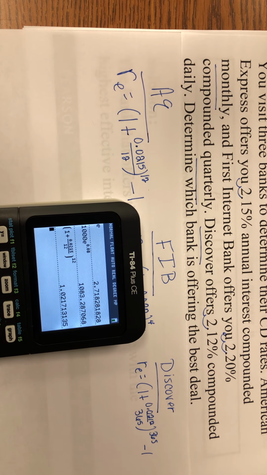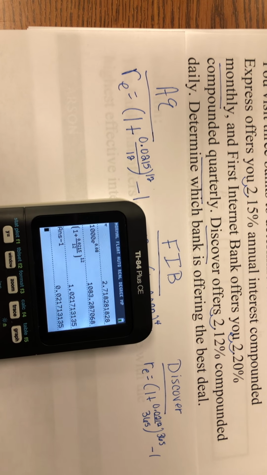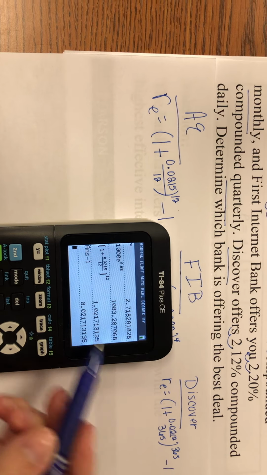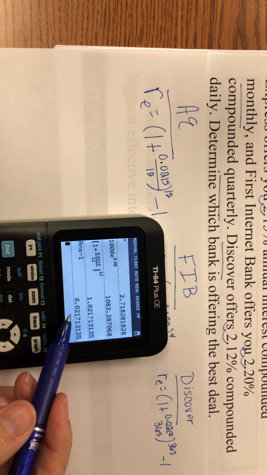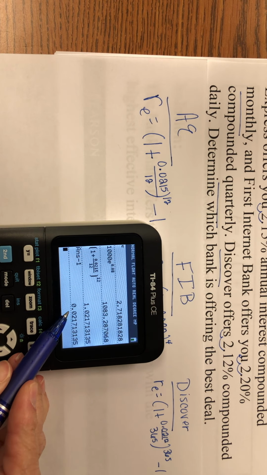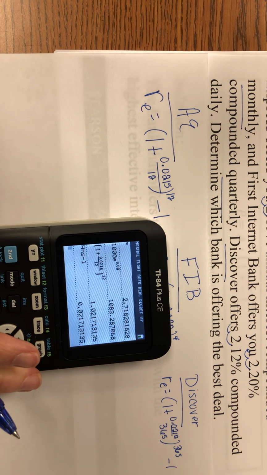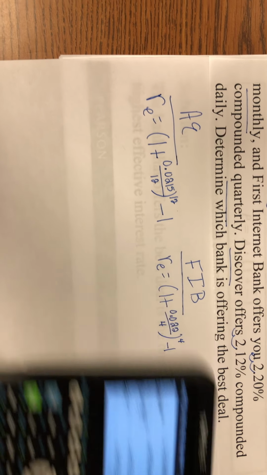And I forgot to subtract 1. Okay, now what you see right here is a decimal, and we're going to have to change it from a decimal to a percent. So to do that, we won't go to the right, but instead we'll go to the left. Let's go out 3 decimal places, so 2.171%.